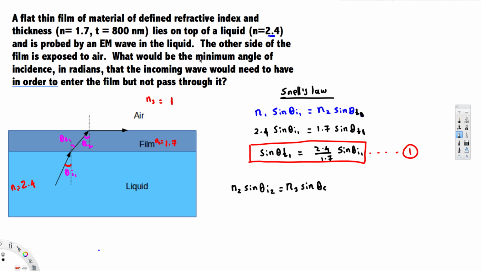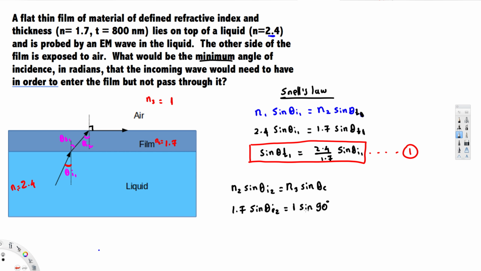Since the question is asking for the minimum angle, it should be the critical angle, so that's why theta C. Now let's plug in the values. n2 is equal to 1.7, so 1.7 sine theta I2 is equal to n3, the index of refraction of air, which is just 1, times sine theta C, and the critical angle is 90 degrees to the normal, so this is just sine 90 degrees.